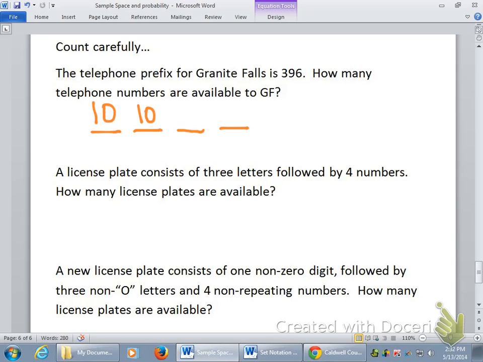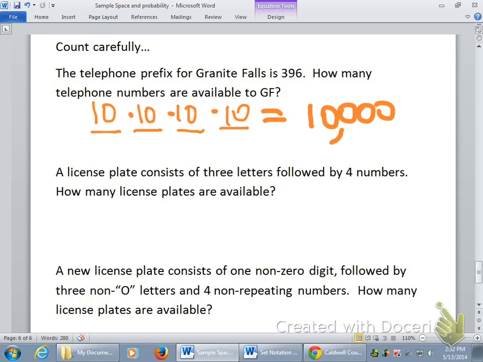And how many for the third slot? 10, because I could have any of those numbers, 0 through 9. And then what about here? 10. Well, the fundamental counting principle says if there's 10 ways for this one and 10 ways for this one, then what do you do with all of those? 10 times 10 times 10 times 10. And you get 10 to the 4th, which is 10,000.